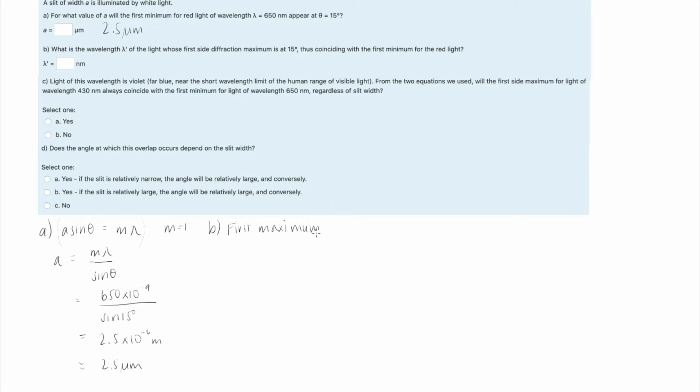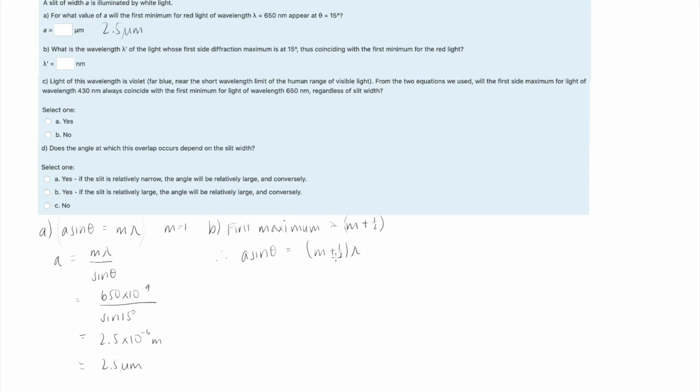Now it's not quite, but it is roughly going to be at an order number of m plus a half. Therefore, the first maximum can be described approximately by this equation here: A sine theta equals (m plus a half) lambda.